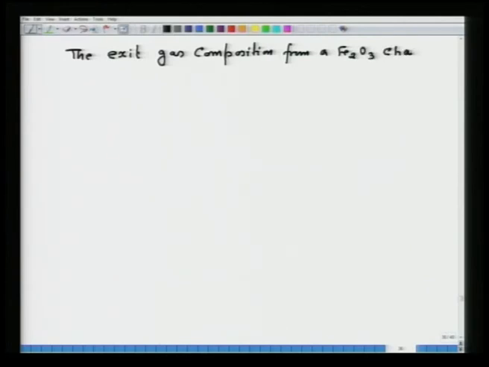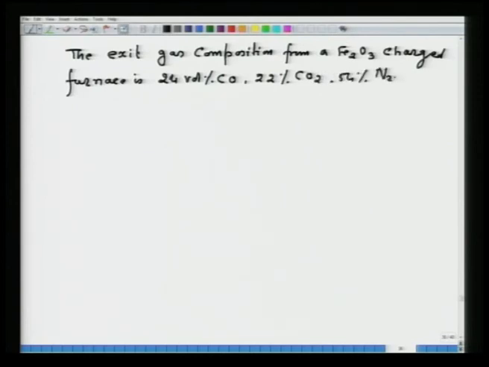Another problem: the exit gas composition from a Fe2O3 charge furnace is 24 volume percent CO, 22 volume percent CO2 and 54% nitrogen, all on volume percent.